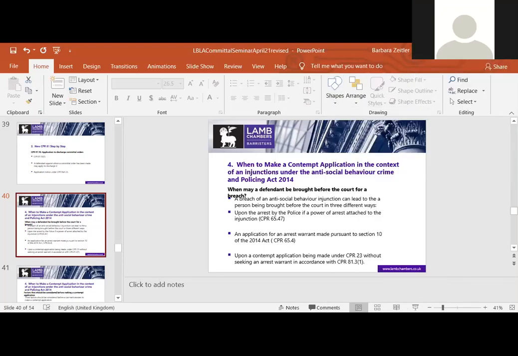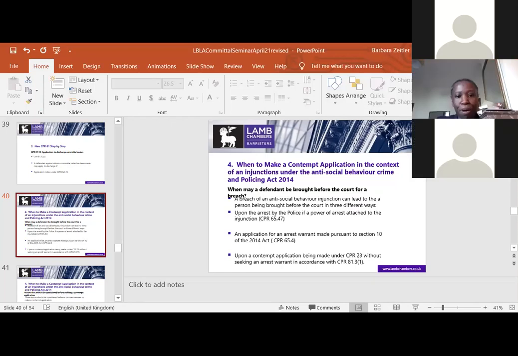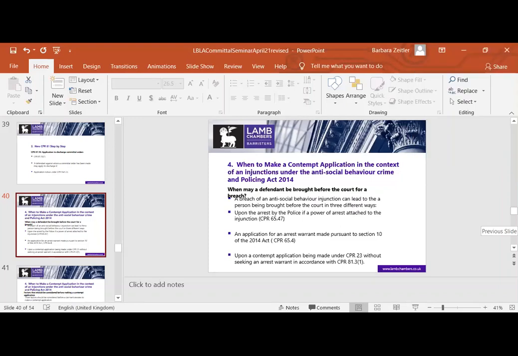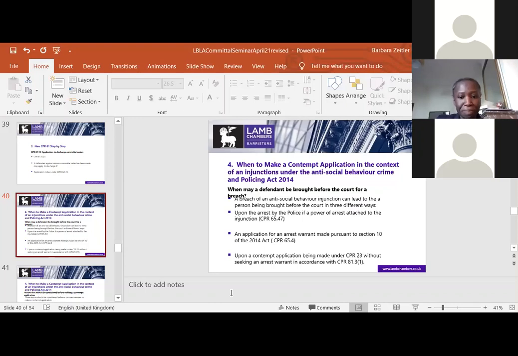The last scenario, and the scenario really envisaged by CPR Part 81, is upon a contempt application being made where an application notice is issued under CPR Part 23. And in that scenario, there is no request made to the court for an arrest warrant to be issued. This is made in accordance with CPR 81.31.